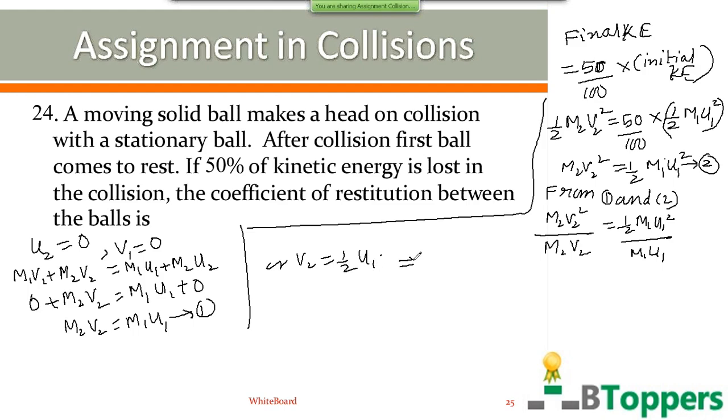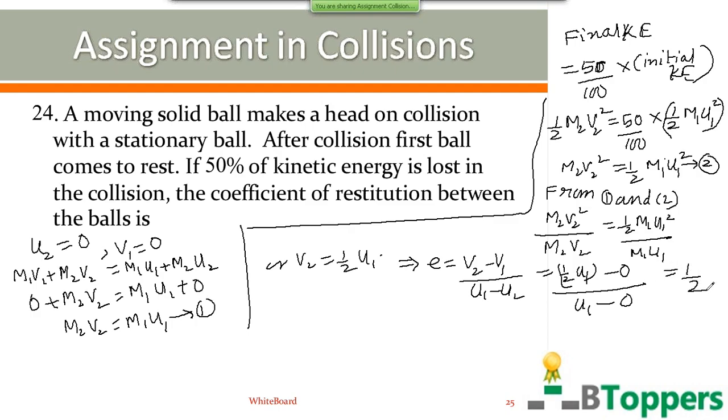Therefore, the coefficient of restitution, we can write e equal to (v2 minus v1) by (u1 minus u2). You can write v2 equal to half of u1. Given that v1 is 0, and it's also given that u2 is 0, you get the coefficient of restitution between the two balls as 1 by 2. That's the answer.